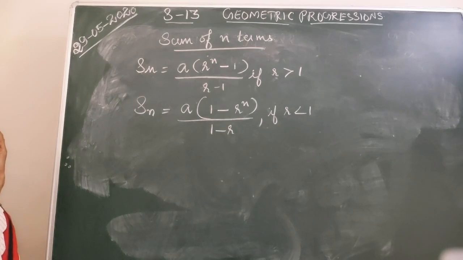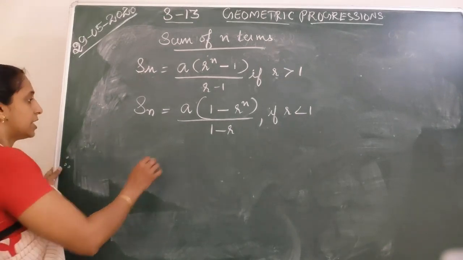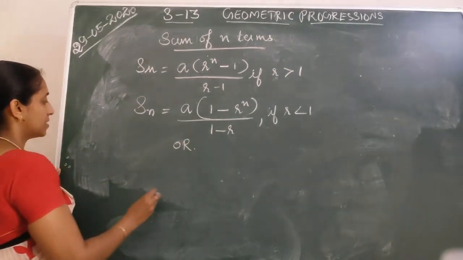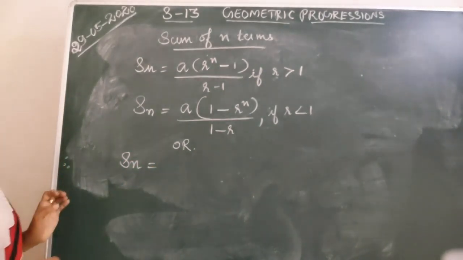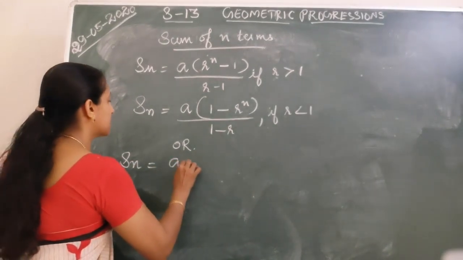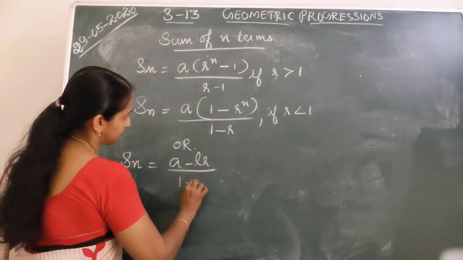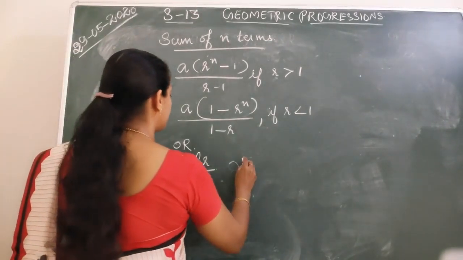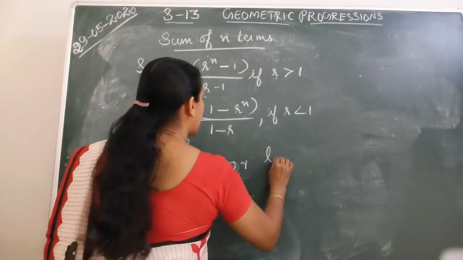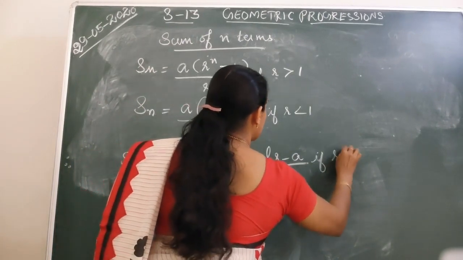As we were dealing with AP, if the last term is given, we had another formula to calculate the sum. Similarly here also, if l is given, then Sn will be calculated by a minus lr upon 1 minus r if r is less than 1, or lr minus a upon r minus 1 if r is greater than 1.